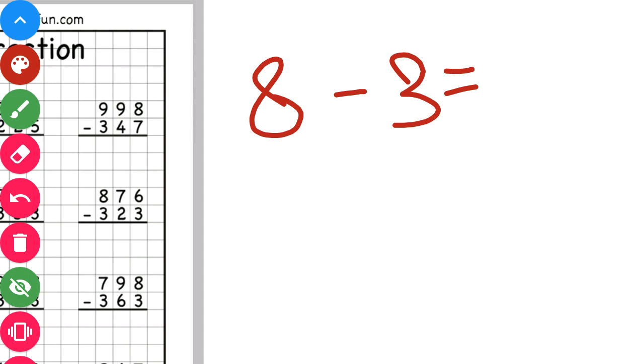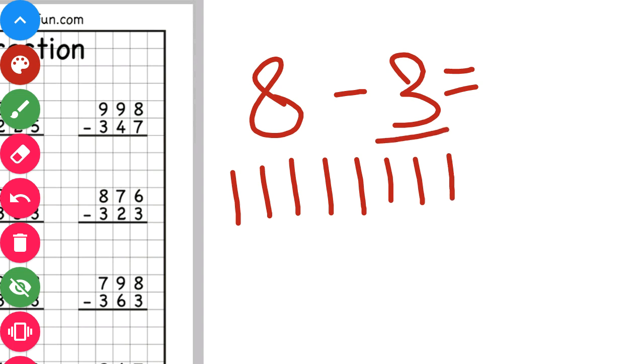Let us do this by drawing sticks. 1, 2, 3, 4, 5, 6, 7, 8. And how much do we have to subtract? 3. 1, 2, 3. How much do we have remaining here? 1, 2, 3, 4, 5. So, 8 minus 3, we will get 5.